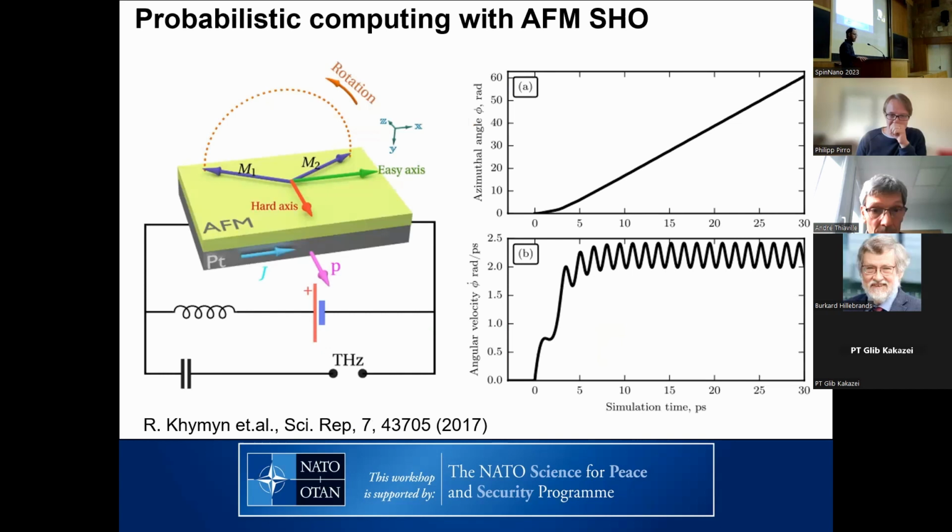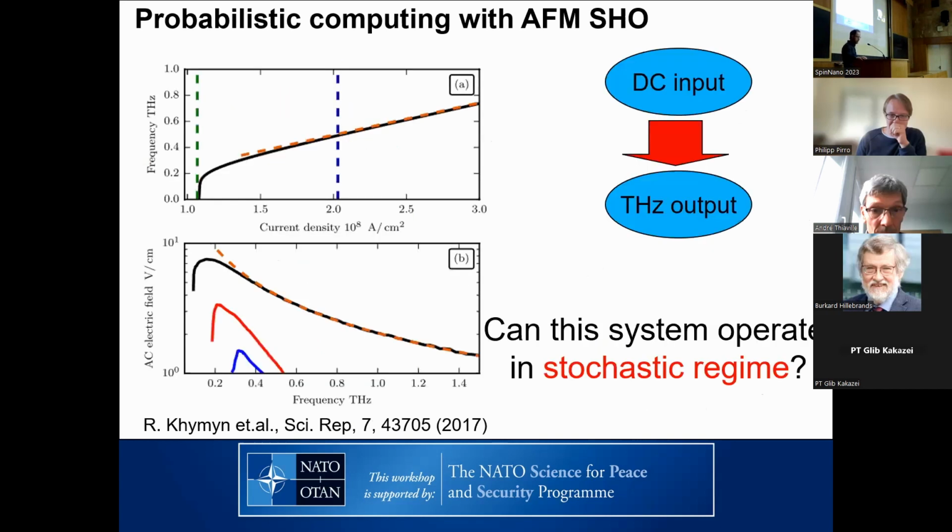As a result, we have DC input with terahertz output. It's a very promising system, and as you can see here in some results, not that large currents are needed to obtain sub-terahertz or even terahertz frequencies.